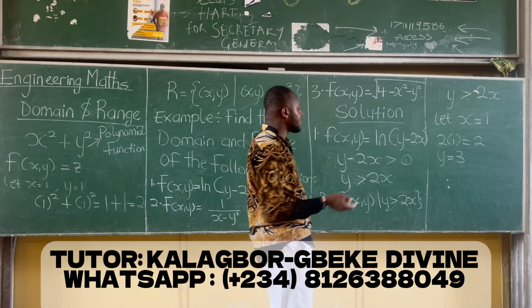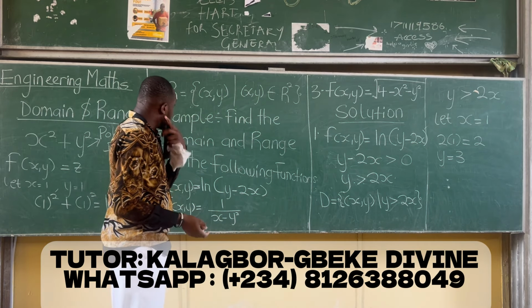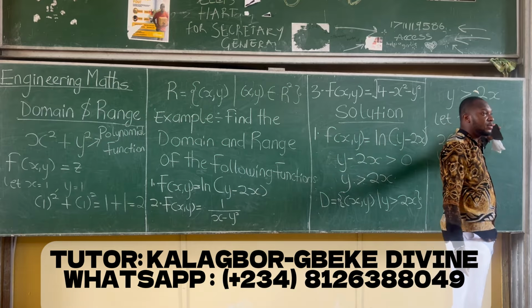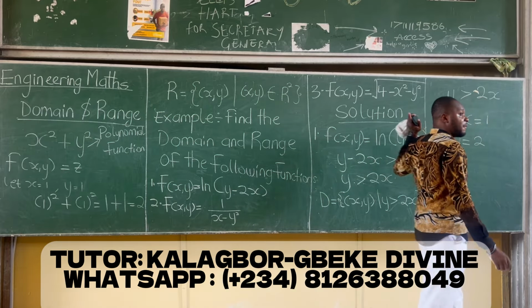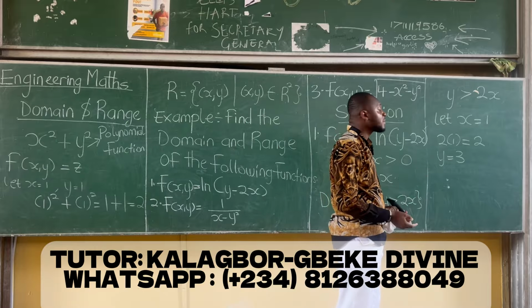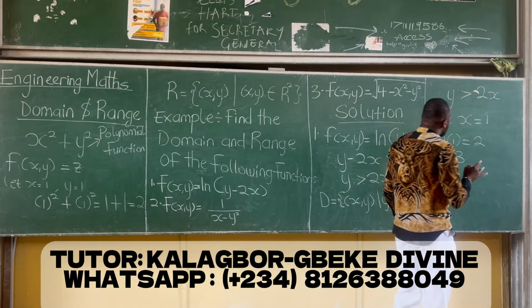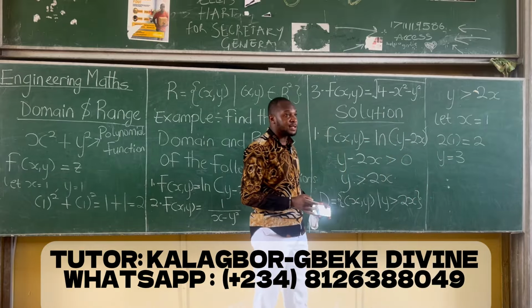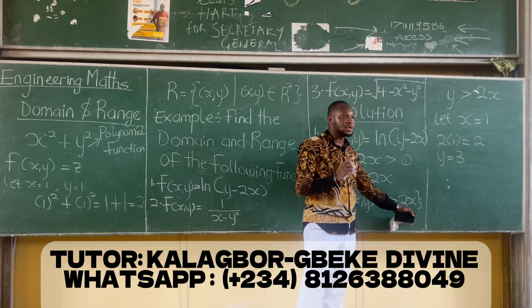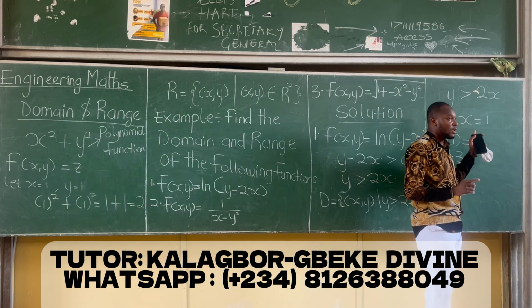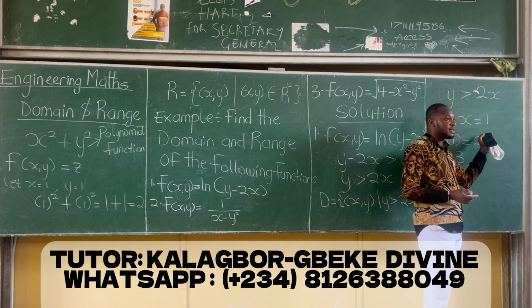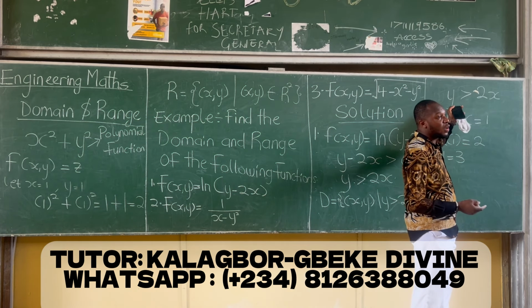I should recap. This is the condition for choosing the variable that we'll put in our function to know if it's defined, if it exists. Our domain is giving us a hint that any number we choose, we should observe this condition. We are using trial now. We are doing the first trial. Let's say x is equal to 1. We cannot say y is equal to 2 or y is equal to 1.